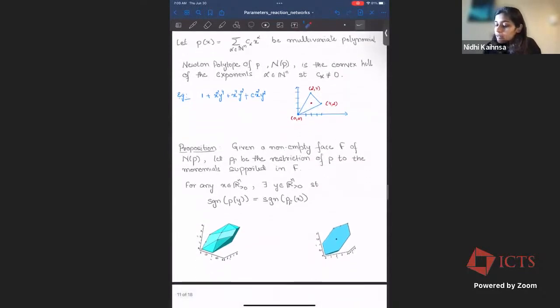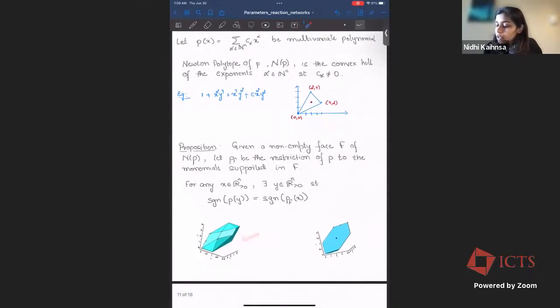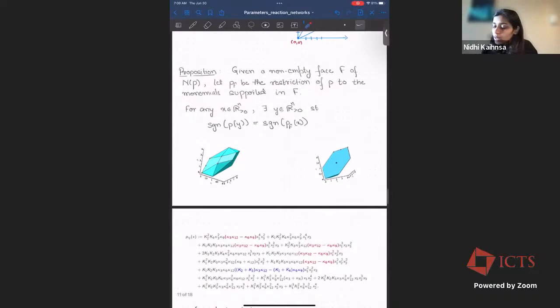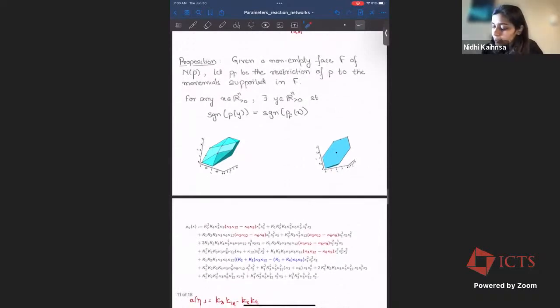Okay. Now this is the Newton polytope of the polynomial that we are interested in analyzing, right? These gray points, there are 5 of these points, and there is one in the interior of this 2-dimensional face. What are these points? These are exactly the monomials whose coefficients can go negative.